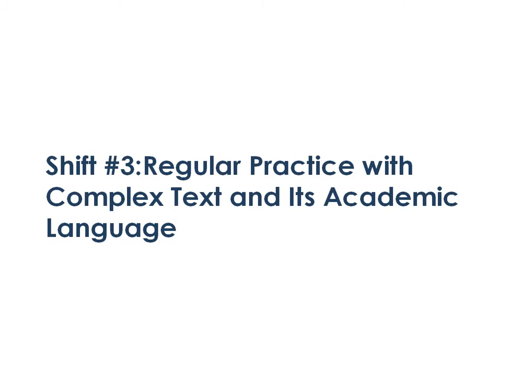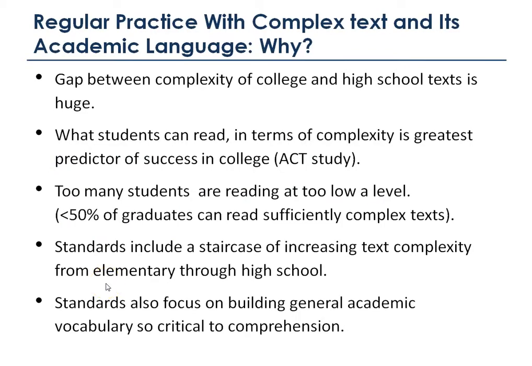It is the first half of Standard 10, the same standard that calls for a range of text types. It is a standard for students to read grade-appropriate complex text at every point in school. Vocabulary is central to the standards as well. It is what Reading Standard 4 is about, and is also the focus of Language Standards 4, 5, and 6. So now we'll look at the why of this third shift.